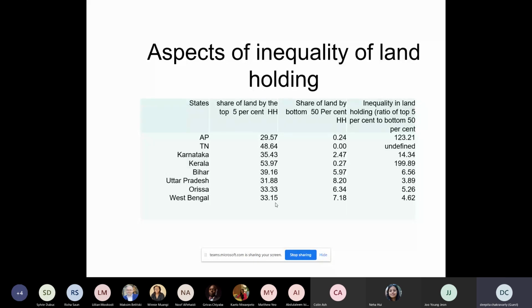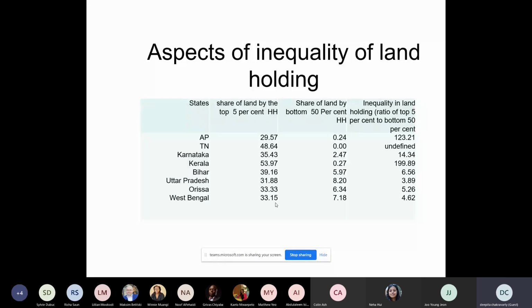By this figure, you can see how interesting this data is. In the case of Tamil Nadu, the share of land by the bottom 50% naturally is zero, because 55% were landless. And West Bengal is actually quite good, 4.62 or something like that.